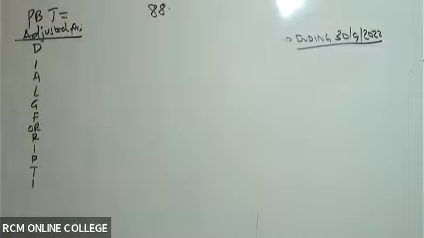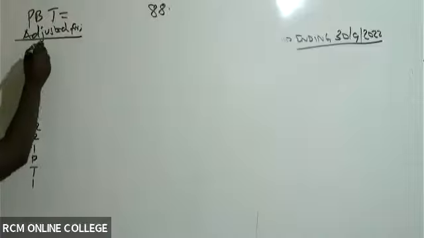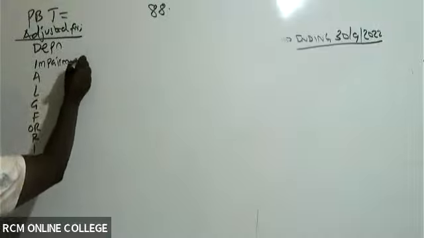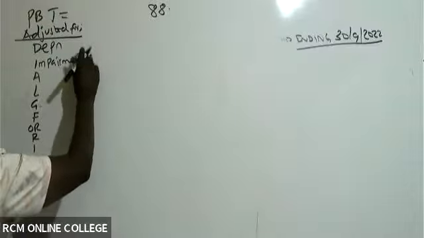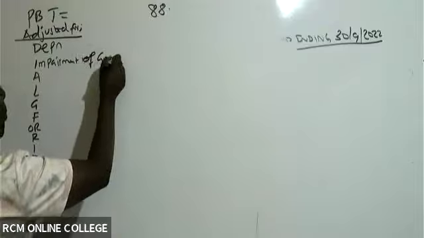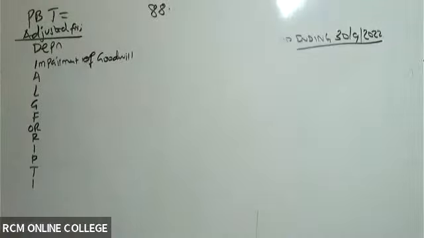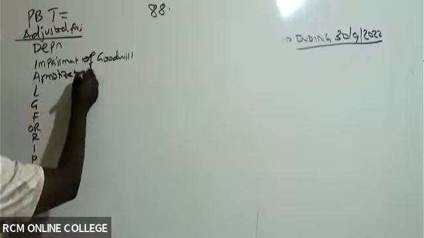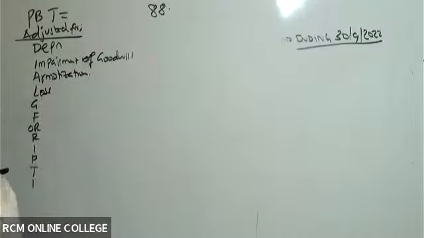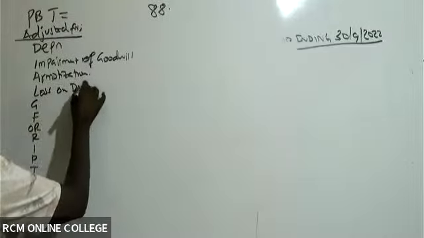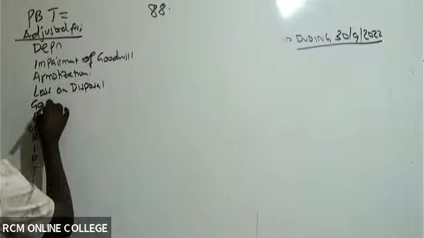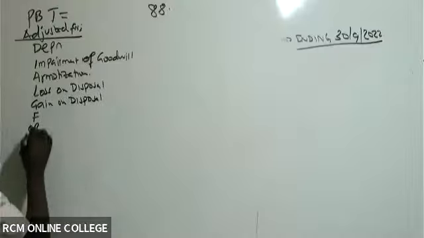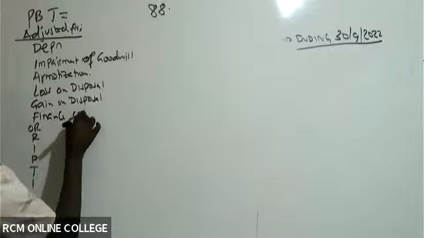So this one here is depreciation, impairment of goodwill, then amortization, loss on disposal, gain on disposal, and finance cost.